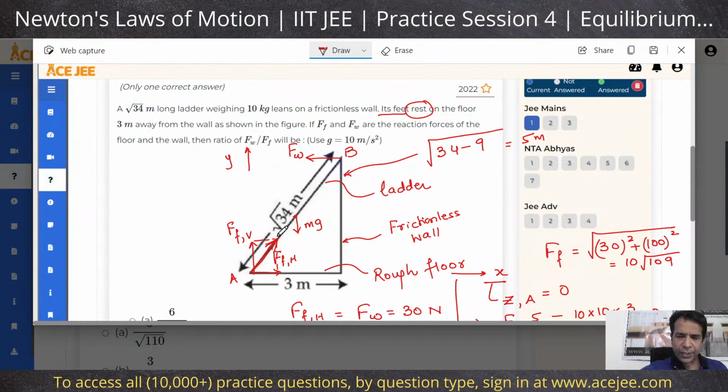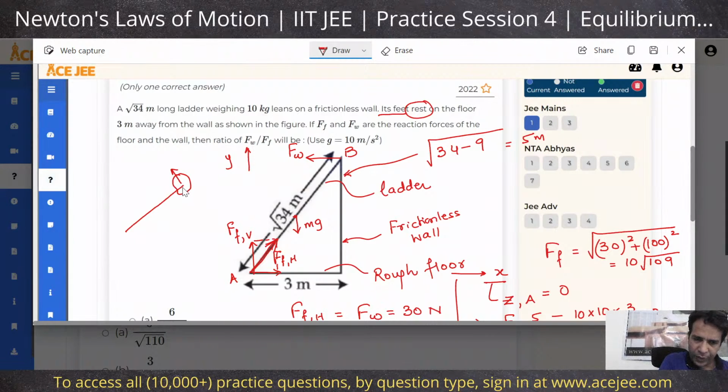I remember a student asked a question, कि sir, ladder है, तो how come ladder पे ऐसे नहीं लगता force ना, right? So well, one way to think about it is unless the ladder is digging into the wall, if the wall is fairly rigid, then no matter how small.